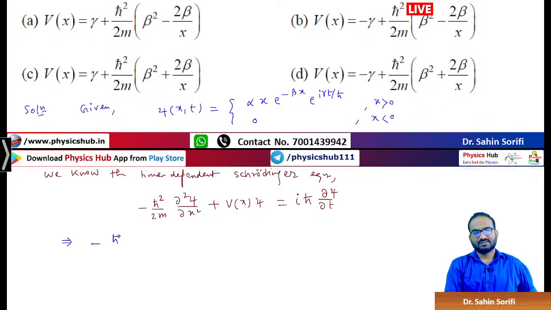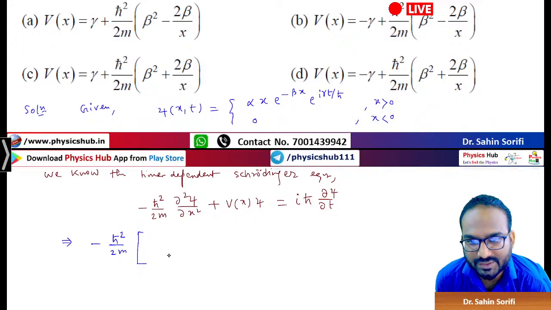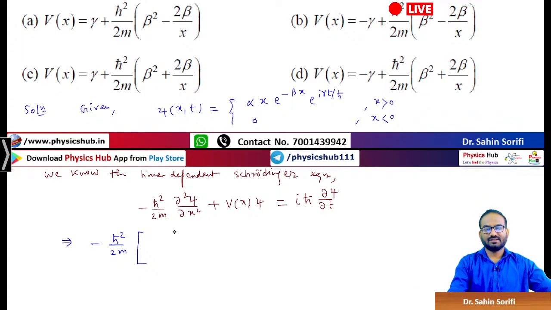So minus h cut square by 2m del square psi by del x square. What you can write? Let's say del x of d psi by dx, so derivative with respect to x. How many terms you will get?